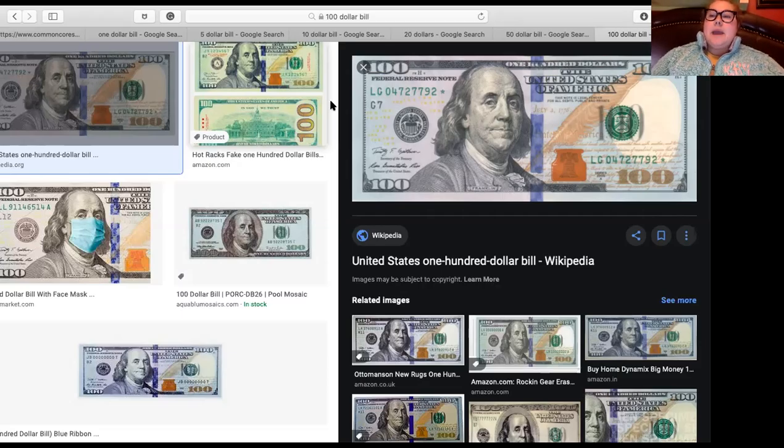All right, let's skip count by 20s. So it's going to be 20, 40, 60, 80, 100. So 5 $20 bills make 100. And then for $50 bills, two $50 bills would make 100 because 50 plus 50 is 100. All right, so I'm going to stop sharing my screen with you.